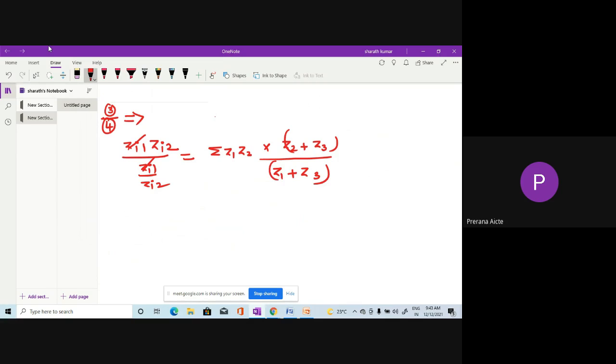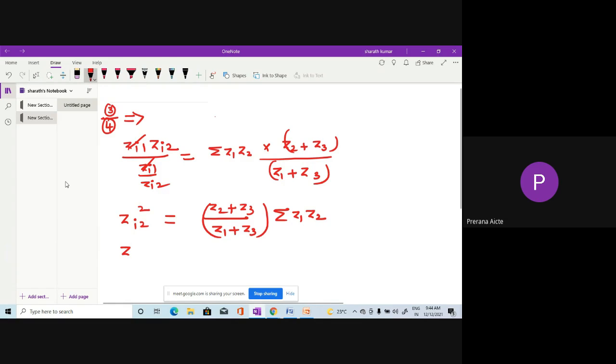So we get Zi2 whole square is equal to Z2 plus Z3 divided by Z1 plus Z3 into your summation value, obviously Z1 Z2. If you remove the square, then obviously Zi2 is equal to the root of that value.